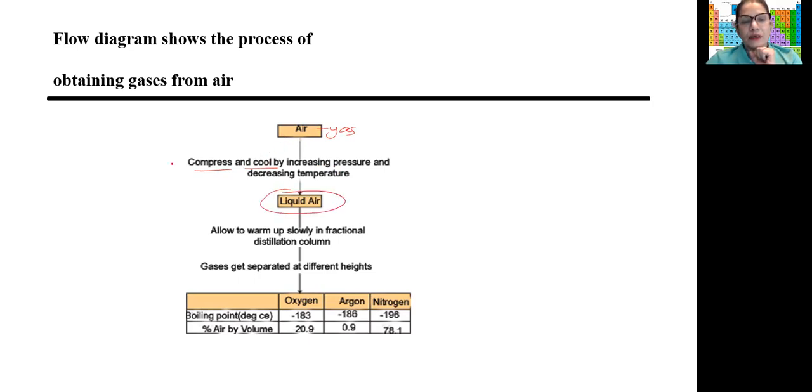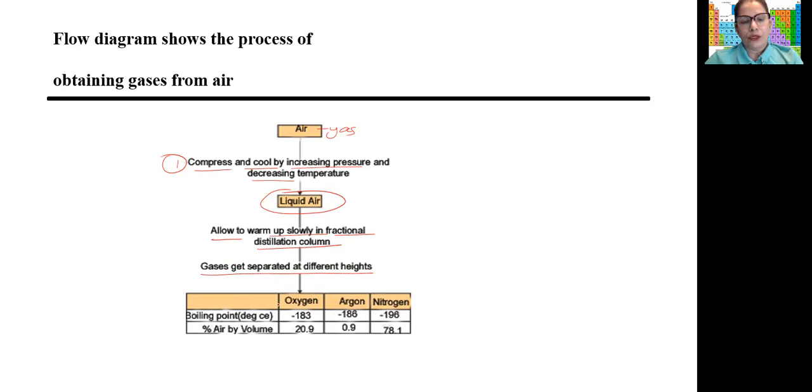First step is compressing and cooling of the air by decreasing temperature and increasing the pressure to get liquid air. This liquid air is then allowed to warm up slowly in a fractionating distillation column. The fractionating column is allowed to slowly warm up, that is, heat is supplied. Then gases separate at different heights and they can be removed.